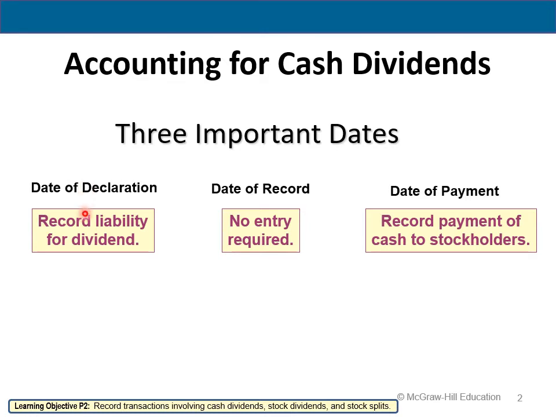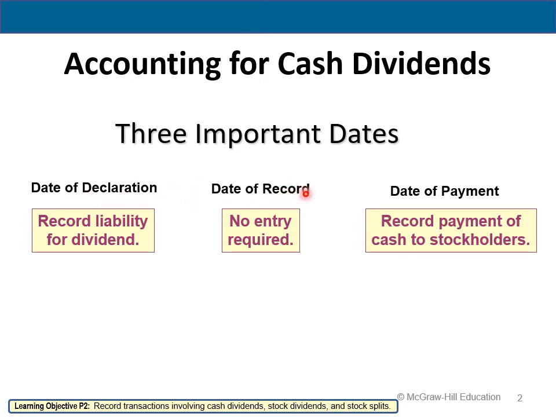Now, the dividend goes to shareholders as of a date of record. And the date of record is always after the date of declaration. But all the date of record means is whoever owns the shares on that date is entitled to the dividend. All right. So if I sell my shares after the date of record, I'm still going to get a dividend check.